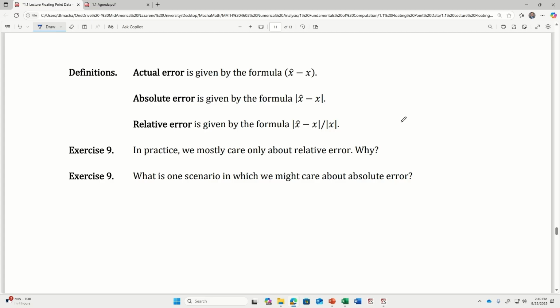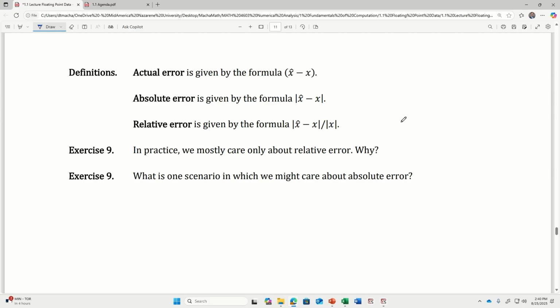Why would I only care about relative error and not absolute? It's more accurate. If I'm measuring an aircraft carrier, is 1 millimeter going to make a big difference?